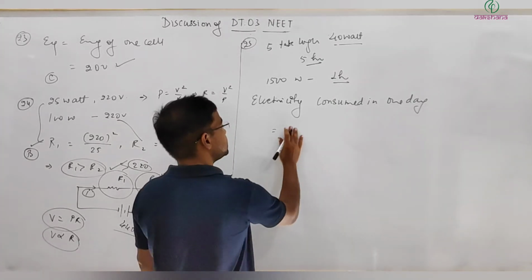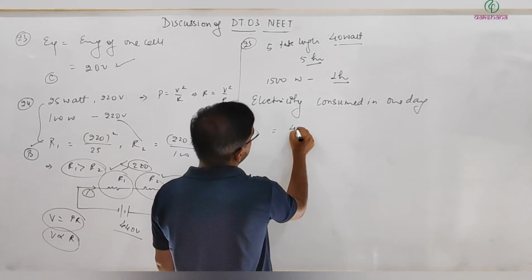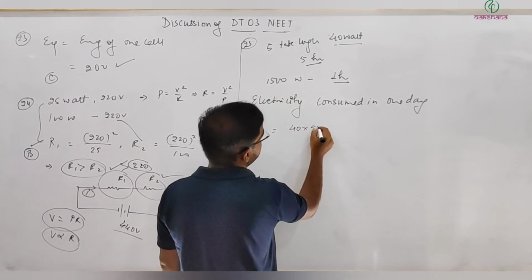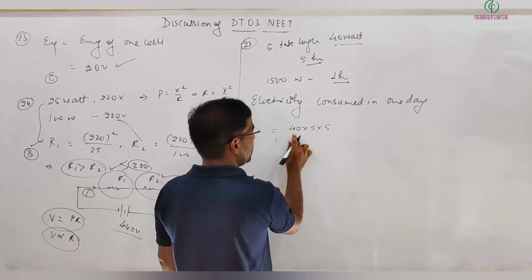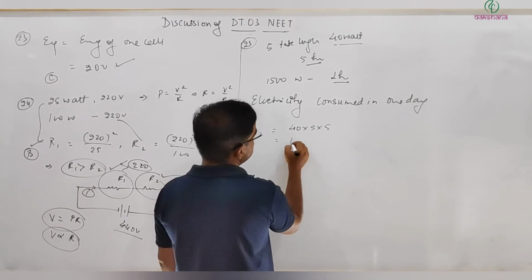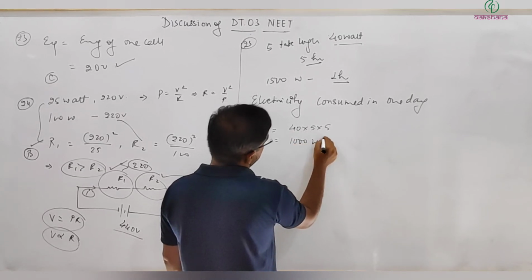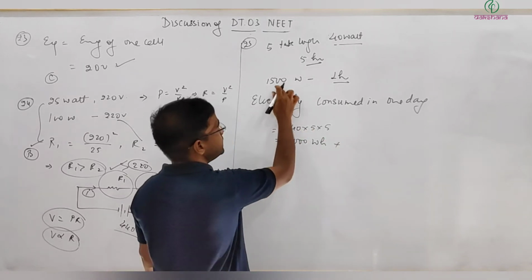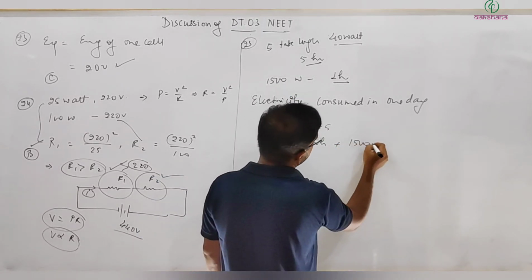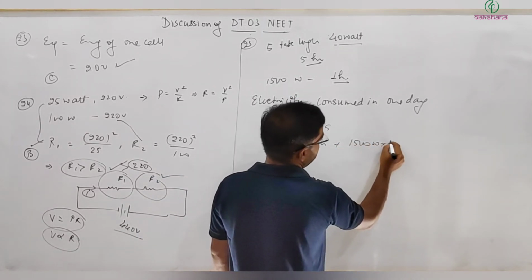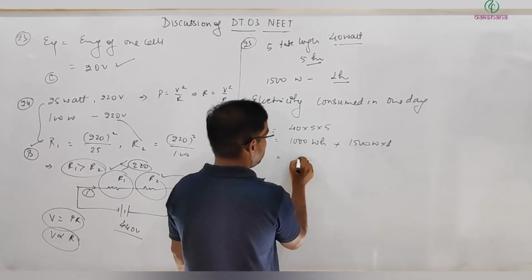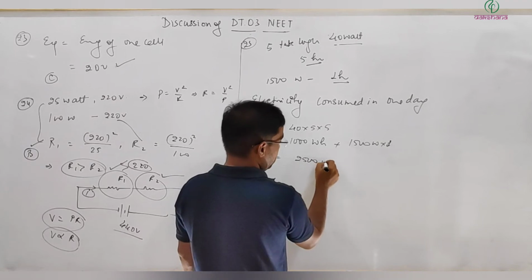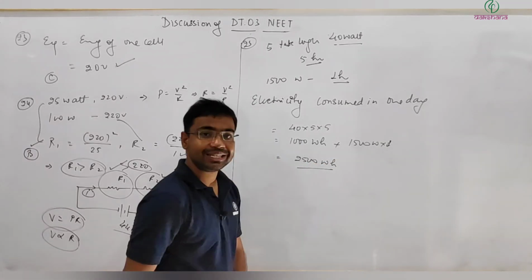I'm calculating: 40 multiplied by 5 tube lights, multiplied by 5 hours per day, so this is 25 into 4, 1000 watt hour, plus this 1500 watt multiplied by 1 hour, and it's coming out 2.5, so 2500 watt hour per day.